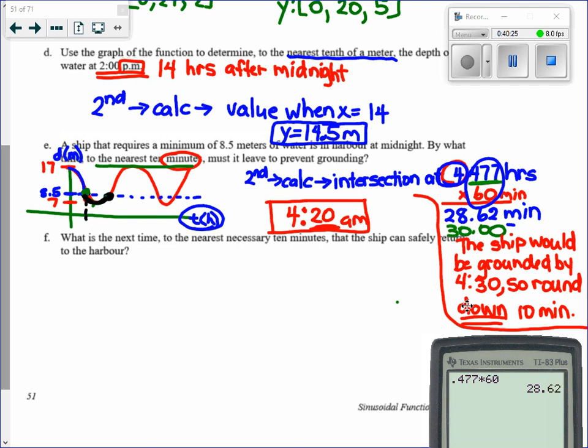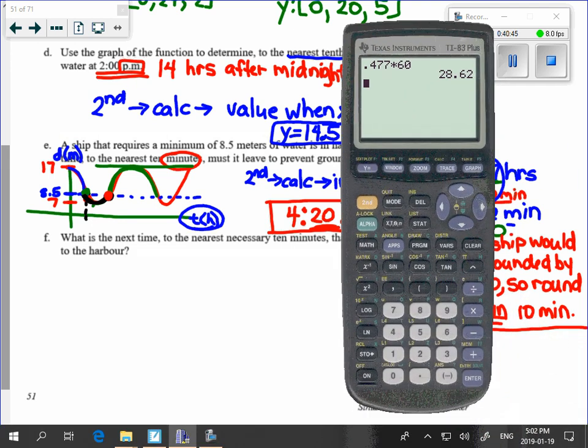The next question says, what is the next time, to the nearest necessary 10 minutes, that that ship can safely return to the harbor? Okay, well, the ship can safely return anytime the waves are up here, right? Above 8.5 meters. Okay, so that's going to mean we need to find this other intersection point. So go back to your graph, and we need to find the second intersection point.